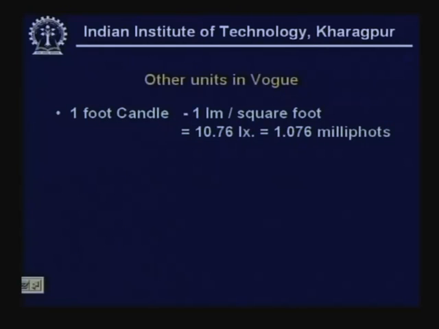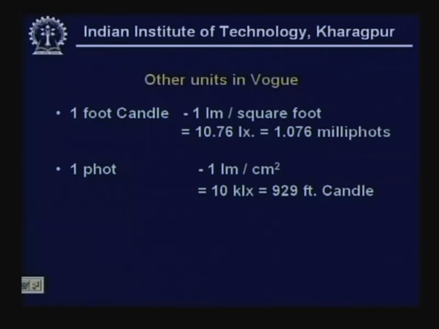One of them is the foot candle, which is nothing but 1 lumen per square foot, essentially 10.76 lux. We also have another unit called phot. In fact the lux is a very large unit, so you talk in terms of phots, which is 1 lumen per cm squared.